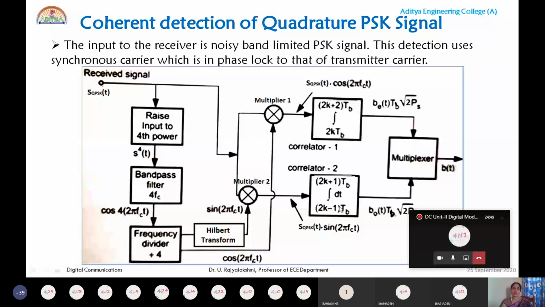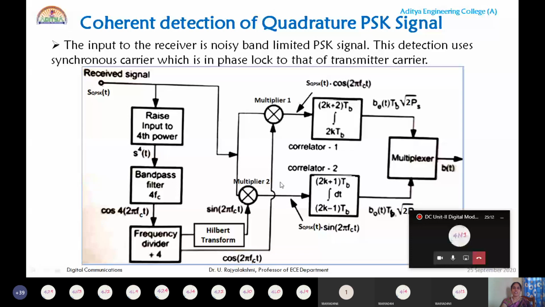For correlator 2, the multiplier inputs are the QPSK signal and sin 2 pi fc t. So what will be the multiplier output? The multiplier output is the product of S_QPSK(t) and sin 2 pi fc t. Both are multiplied and fed to the low pass filter.